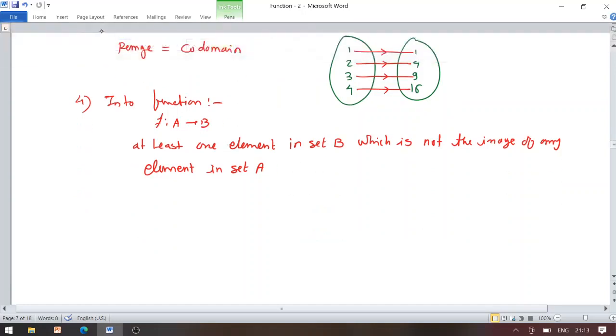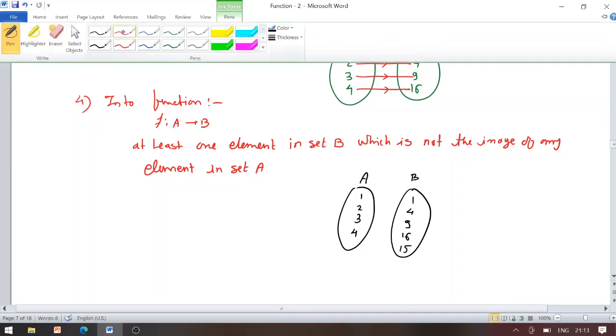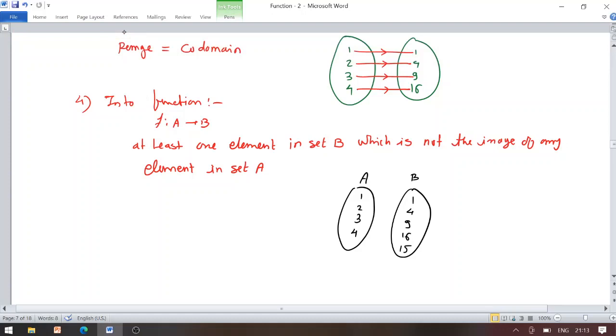Suppose we have a function from A to B, A having elements, let us consider the same example, 1, 2, 3 and 4, while B has elements under consideration 1, 4, 9, 16 and one more element. So at least one element from set B is not the image of any element in set A.